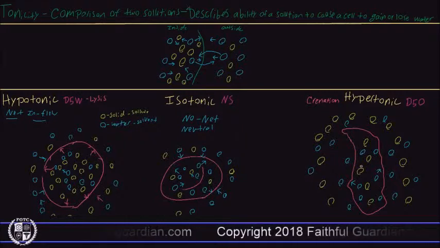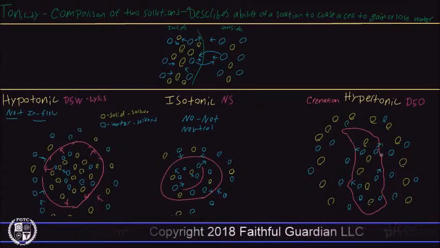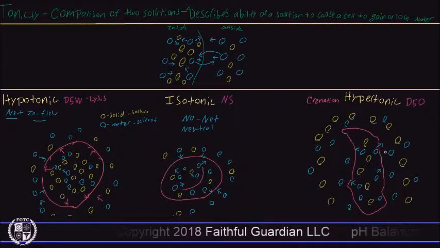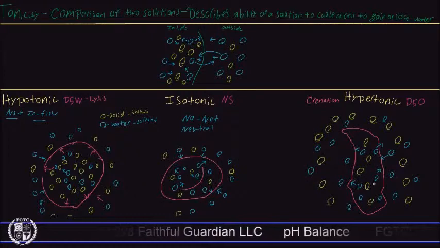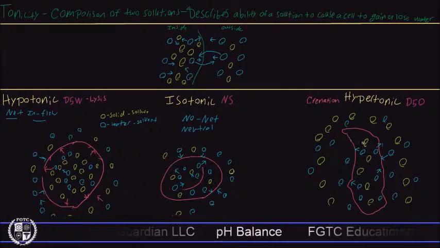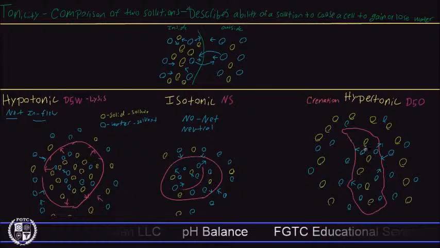And if I have more water molecules leaving the cell than entering the cell, it's going to cause a process called crenation, which is going to essentially cause the cell to collapse in on itself.